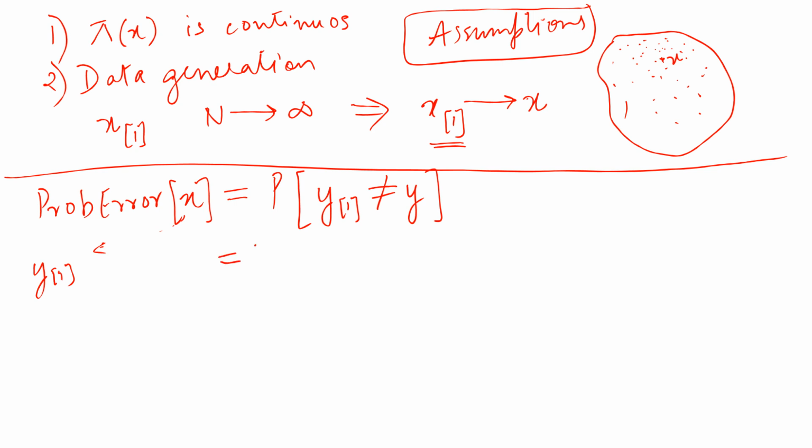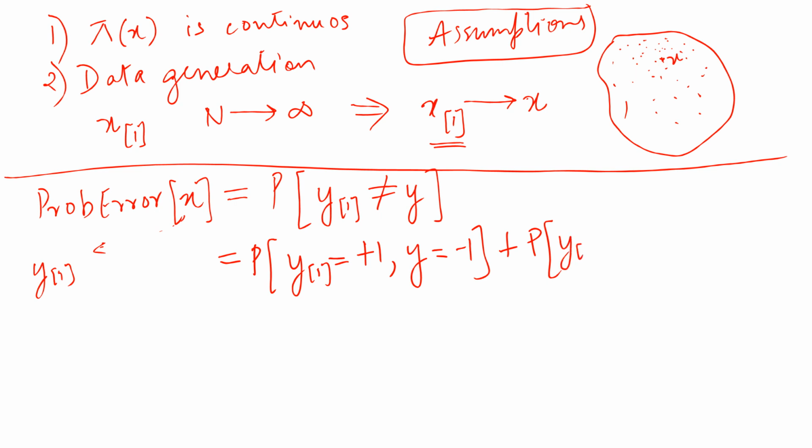So this could be rewritten, or decomposed, into those two cases: when y1 is actually +1, and when my y was -1, plus my y1 was -1 and this was actually +1.